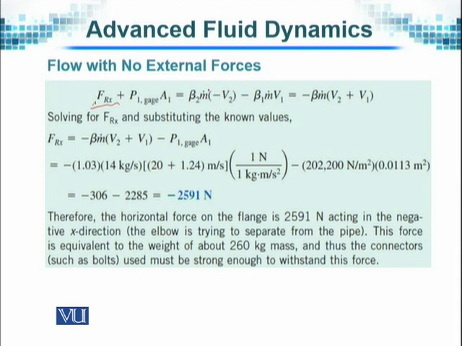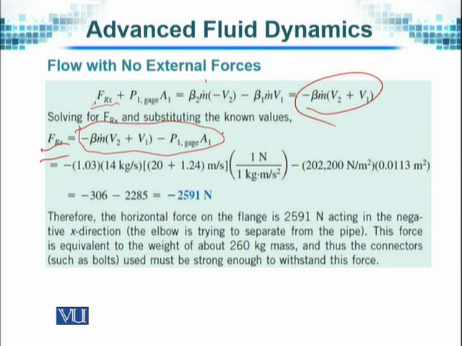Then beta 2 into m dot, the mass flow rate, times the velocity V2, the velocity at point 2, minus the same quantities at point 1, and they can be written as this equation. So F_Rx turns out to be this quantity, and that follows from the above equation.